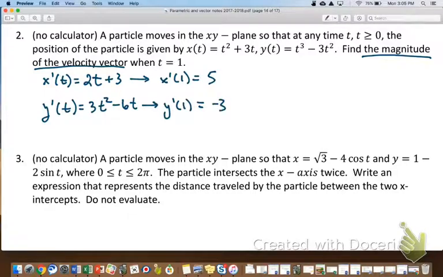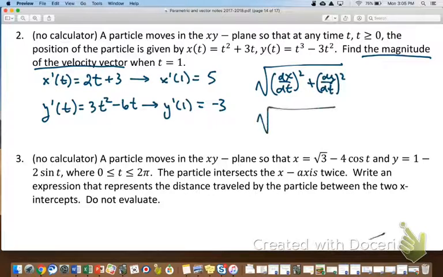The way that you find speed, or the magnitude of the velocity vector, is the square root of dx/dt, quantity squared, plus dy/dt, quantity squared. So at this point, it's a pretty simple plug-in. It would be 5 squared plus negative 3 squared.